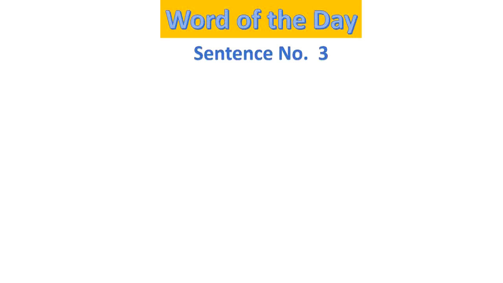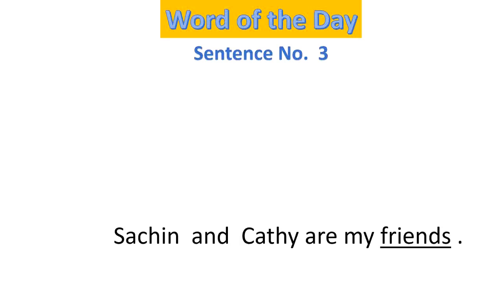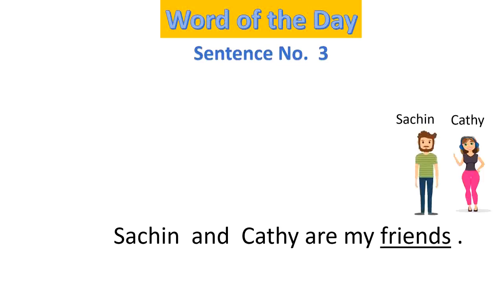Now let us make one more sentence using the word dost for more than one friend. The sentence is Sachin and Kathy are my friends. When we use my with plural or for more than one, in Hindi we say मेरे.